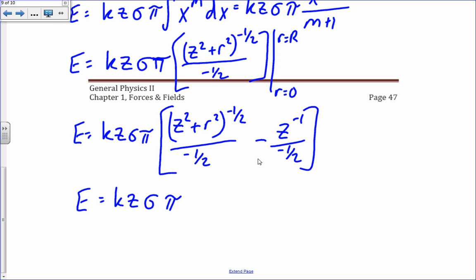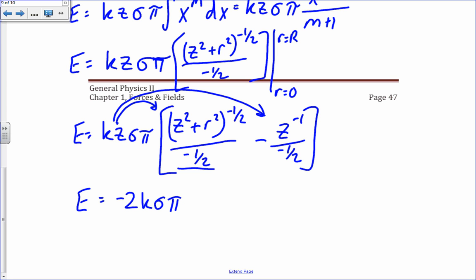Let me go back here for just a second. I'm going to factor out that negative 1/2, so I have negative 2. And then I'm also going to distribute that z throughout. So I get negative 2 k sigma pi. I'm doing two things: removing that negative 1/2 from the denominator, and taking this z and multiplying it to both sides, distributing it.